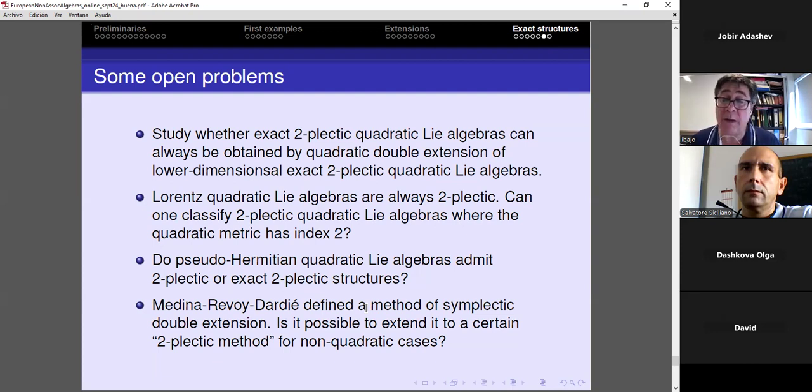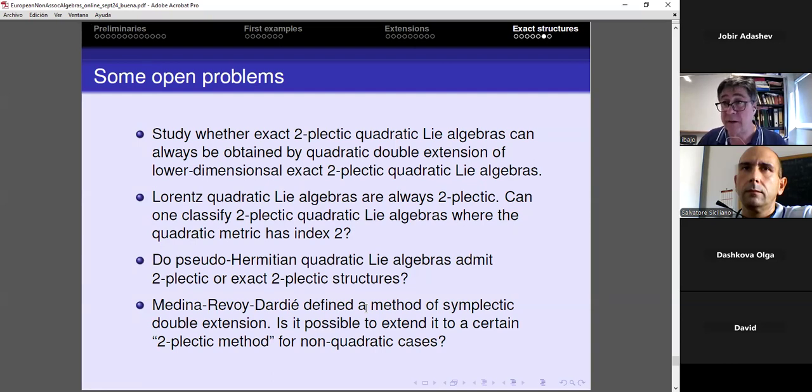And so maybe in the case of symplectic Lie algebras, we can also say something, and that would be interesting. That is a very interesting problem also, to see if, even for the quadratic case, it always happens as here.